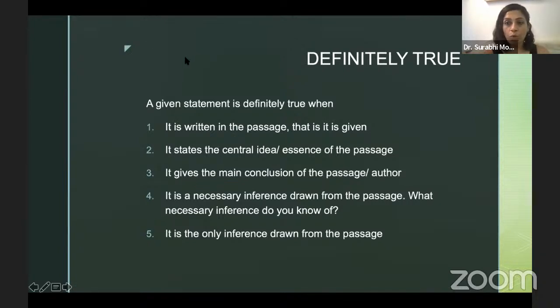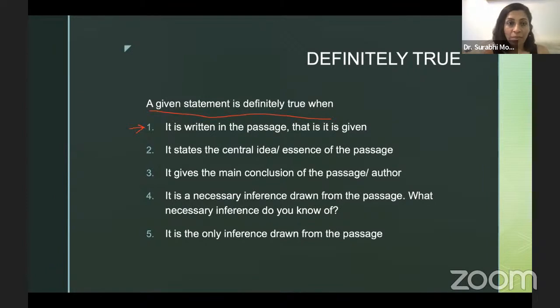So maybe some of you would like to note this down. A statement is known as definitely true when it is written somewhere in the passage and you can read it. Now, just written is sometimes not the only determinant of whether a statement is definitely true or not.